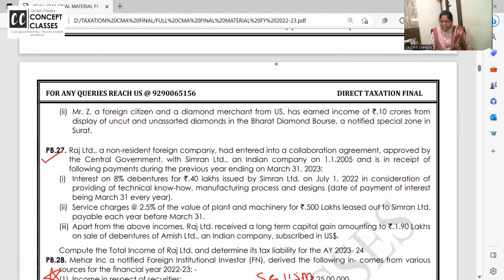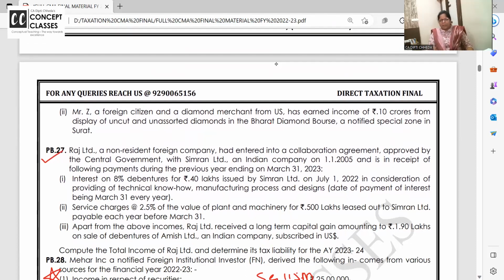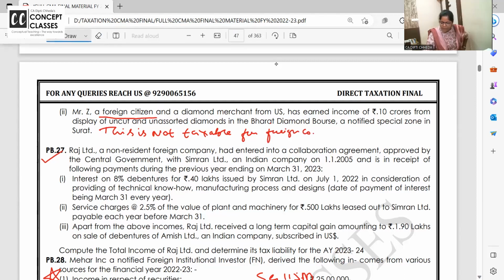Z, a foreign citizen and diamond merchant from the US, has earned 10 crores from display of uncut diamonds. Now turn back and look at business connection, the last point, where I said this is not taxable: a diamond merchant only displaying in India in a specified zone is not taxable, but that is for a foreign company. This is not taxable, or you can say exempt, for a foreign company.